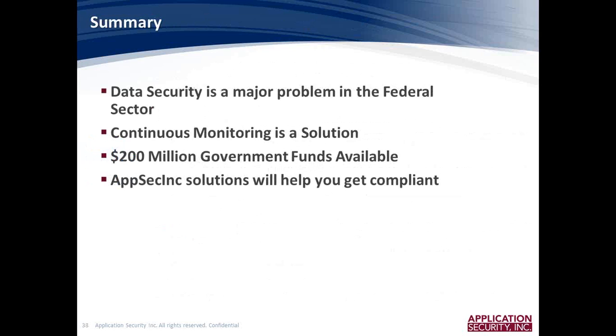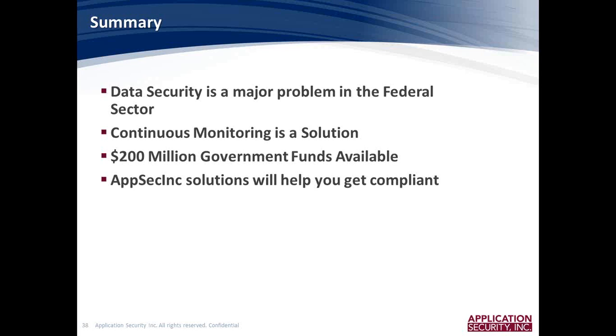So that's about it for me. Let me summarize. Clearly, data security is a big problem in the federal sector, and the federal government, all the way up at the executive branch, is recognizing that. Continuous monitoring has been deemed the solution to really give us a better view into the risk and threat posture of our systems all the time.